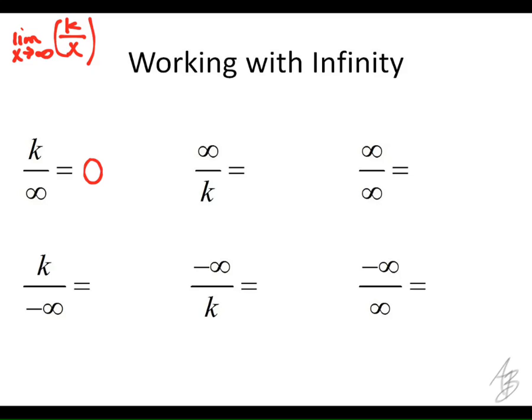Okay, moving on. What if I take some positive constant and divide by negative infinity? A really big number, but a negative really big number. 0. Yeah, it's still going to be 0.